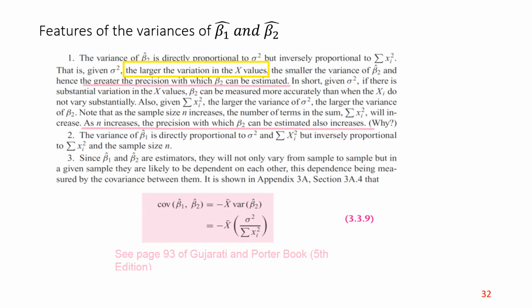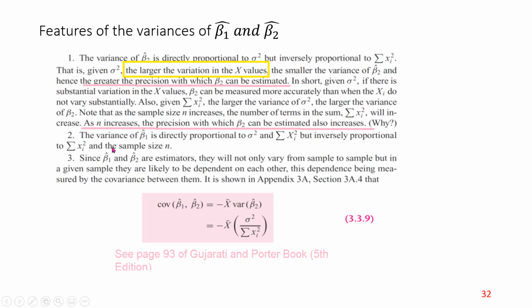That is, for a given population, if we keep on increasing the sample size, it will start becoming similar to the population. So no matter whether we use the sample or the population, the estimates will be similar. This is the reason the precision of beta 2 hat, or the slope coefficient, will increase.